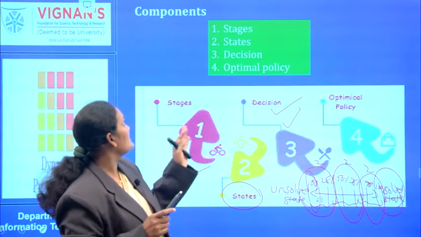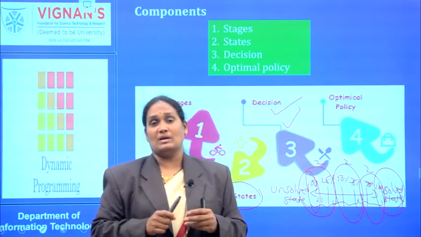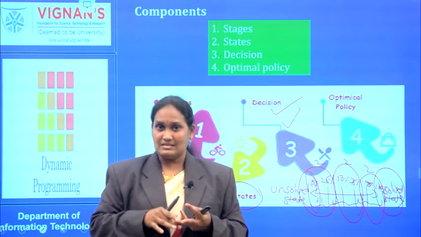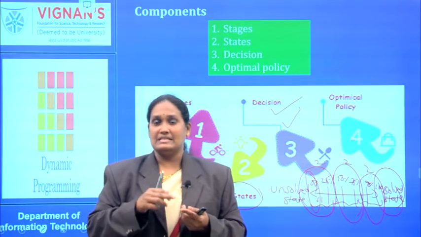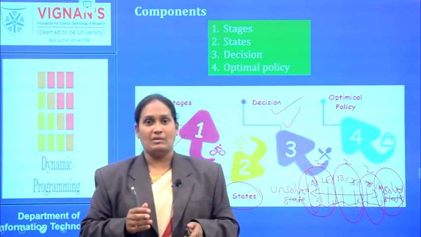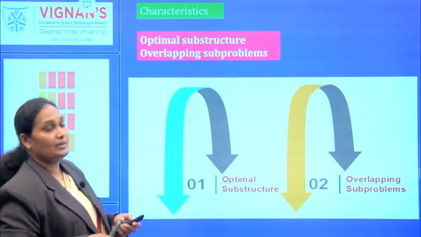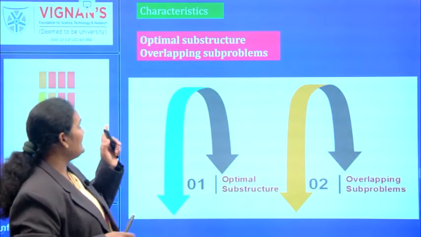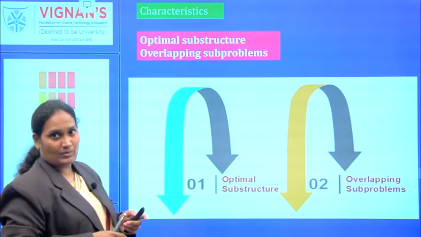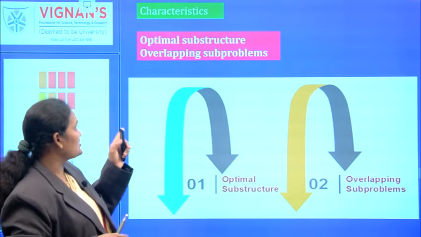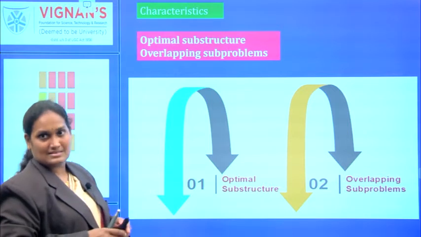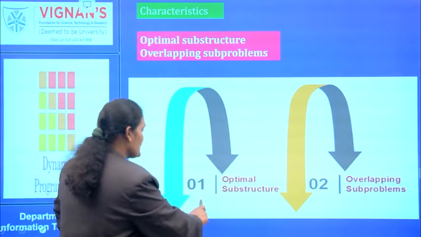So, what are the various components present in the dynamic programming process? Various stages, various states and decisions, and finally the optimal policy. Next, coming to the characteristics of dynamic programming, there are mainly two: one is optimal substructure and the other is overlapping subproblems. What is optimal substructure?